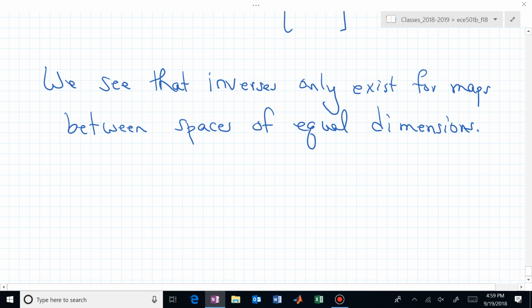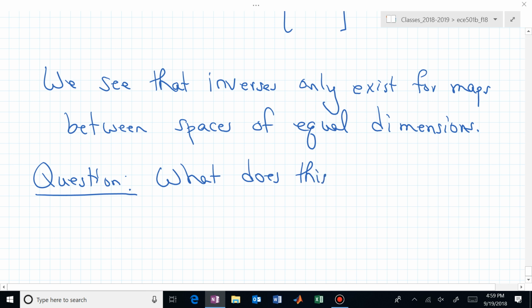And now you've already answered this question. Here's the question. What does this conclusion mean in terms of matrix representation?